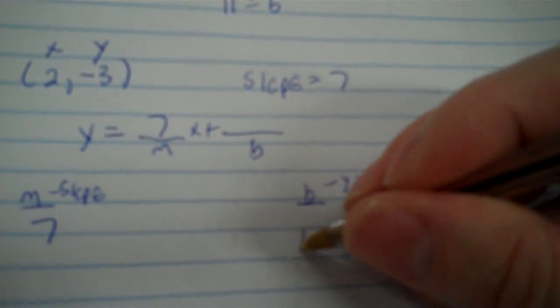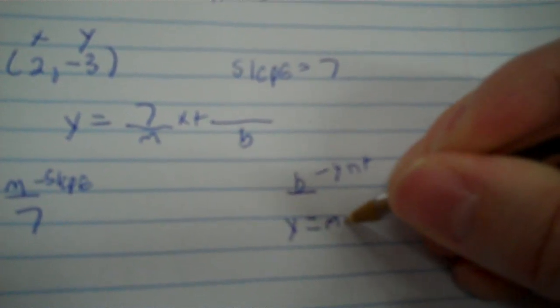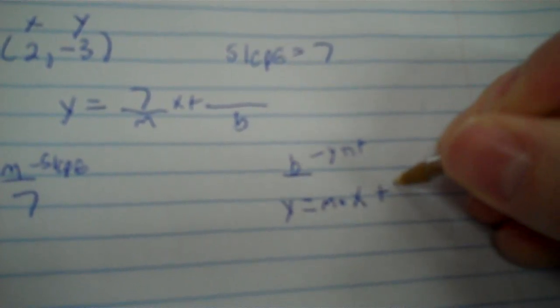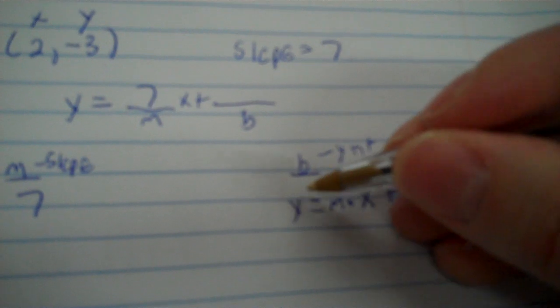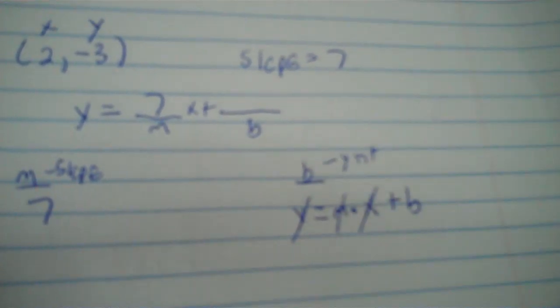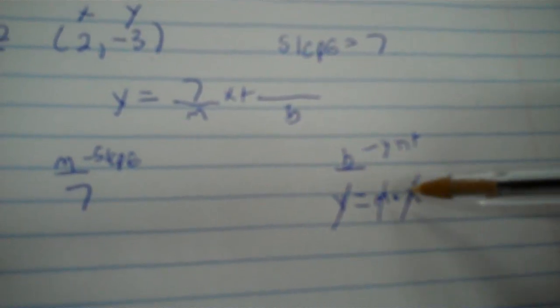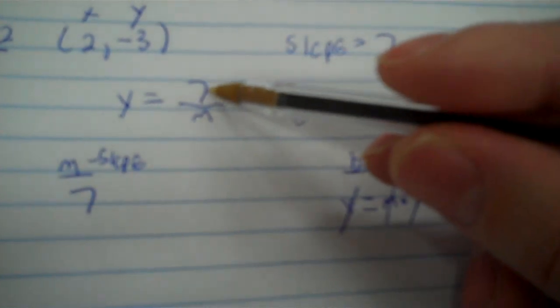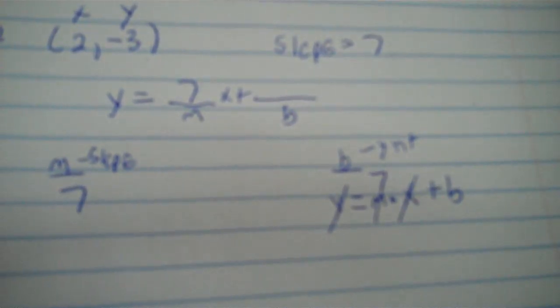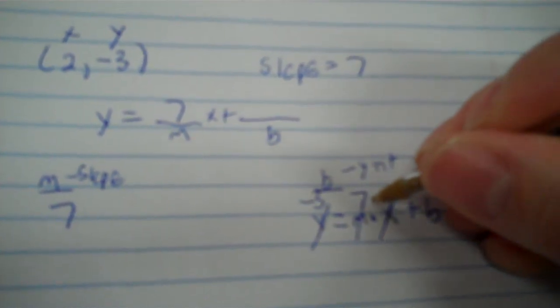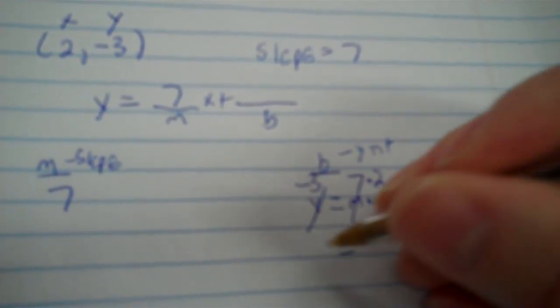And then for b, you always have to write y equals m times x plus b every time. And you're solving for b, which means the other letters we have to put numbers in. So my m is 7. For my y and x, y is negative 3, and x is 2. So we have negative 3, line up your equals.